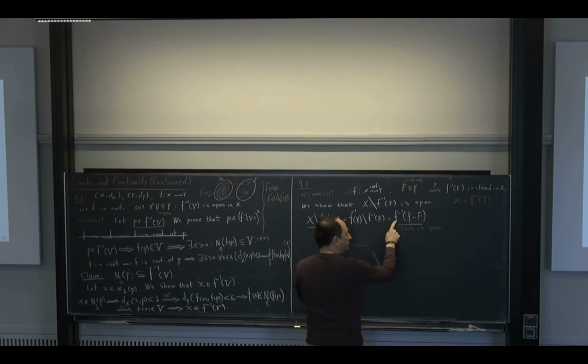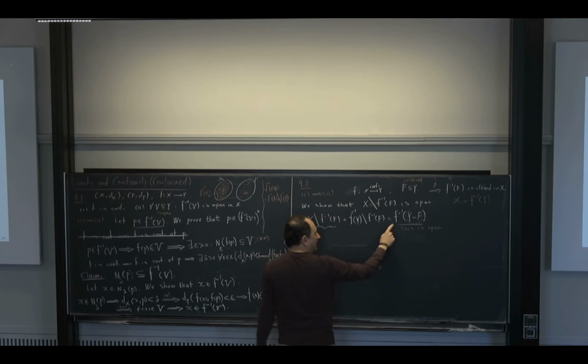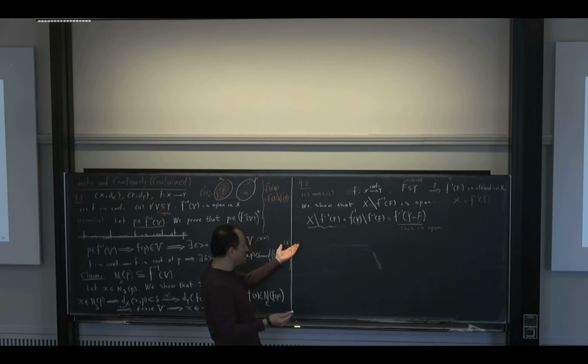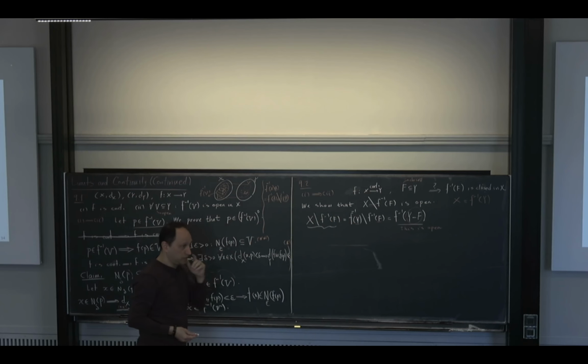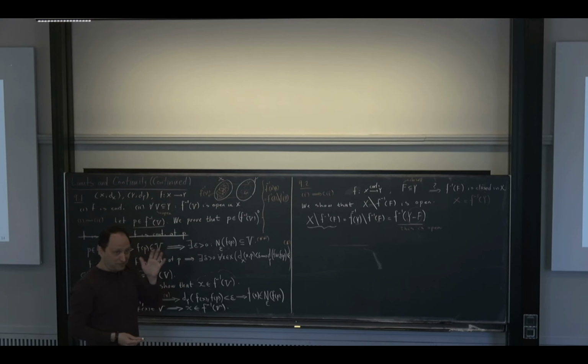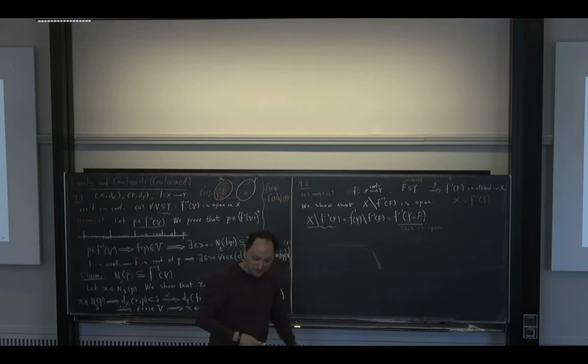But f is continuous, and by this theorem, the inverse image of open sets under continuous functions is open. That's it. So there is not much to prove for that, yes? I am using the previous theorem to prove this. Are you happy or not? Is that clear? Okay, so let us move on.